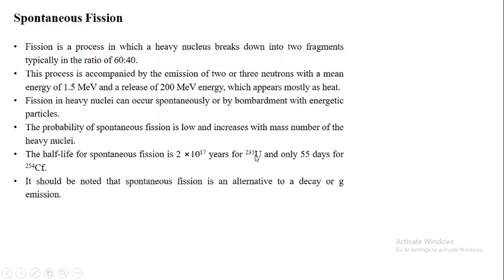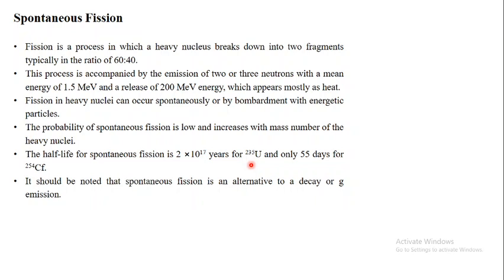This uranium 235 has a half-life of 2 into 10 raised to 17 years. So in that time, the concentration of uranium 235 itself is reduced to half without any bombardment of neutrons over this material. So it disintegrates, it fissions into two components in a 60-40 ratio.